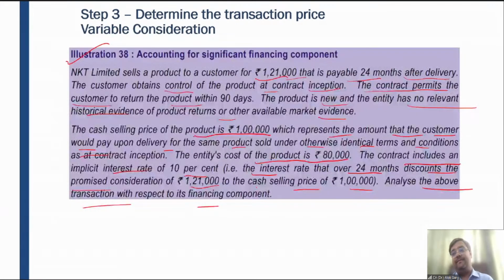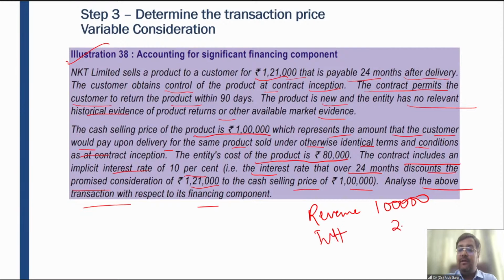So friends, in this case, the revenue is 1 lakh rupees. Your interest component is 21,000 rupees. Your total consideration is 1,21,000 rupees. So how will you make the accounting entry?